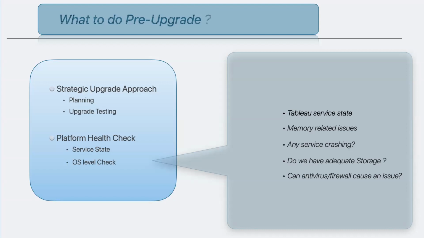Make sure that you go through that documentation and calculate based on your architecture, the number of services, the number of file stores you have, and the number of Postgres you have. There is a rough estimation on the storage calculation. Go through that and ensure that you have enough storage space.